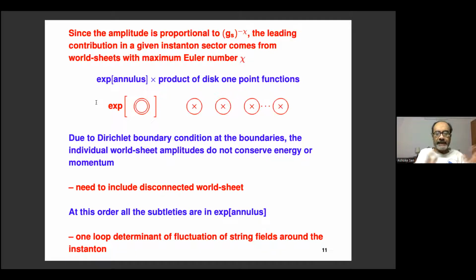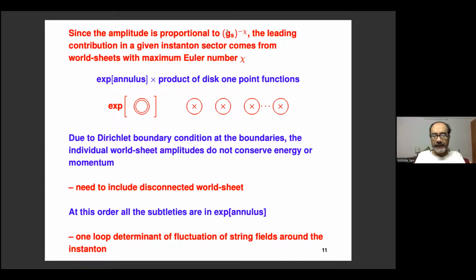And as in normal string theory, the worldsheet amplitudes are proportional to g_s, the string coupling, to the power minus the Euler number of the worldsheet. So because of this factor, once you have decided that you will deal with the D-instanton amplitudes and you have fixed this e to the minus c over g_s factor, then the worldsheet contributions can be organized by the Euler number that they carry.